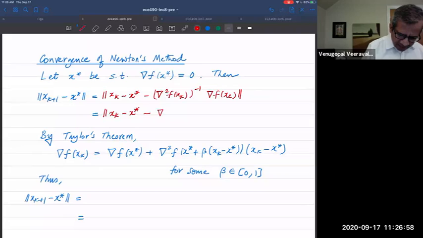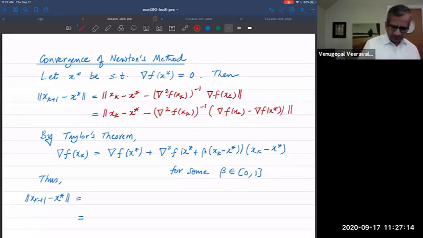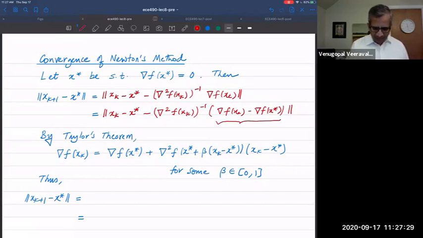So I can subtract out the gradient of f at x star without changing anything. Why do I do that? Because now I want to apply Taylor's theorem to this quantity. Again, it's just to make sure we understand what we're doing.